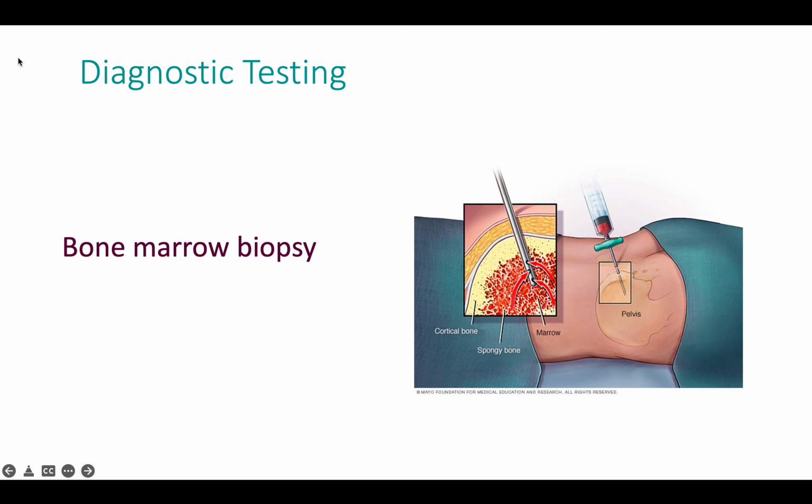And then afterwards, we want, as nurses, to monitor for any bleeding at the site, any concern at the site. Bleeding and infection are the two complications that can happen with a bone marrow biopsy. And we just want to make sure that we are assessing for those. So patients may be asked not to take blood thinners or aspirin prior to a bone marrow biopsy. And then we're going to monitor that site for bleeding and infection afterwards.